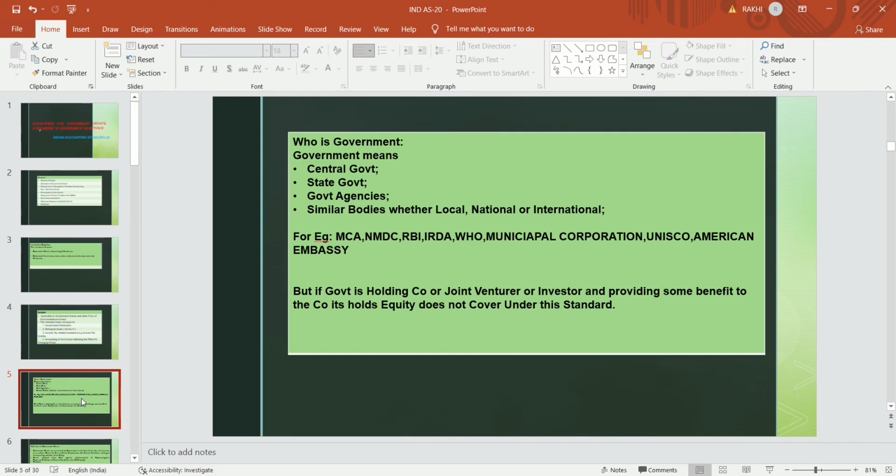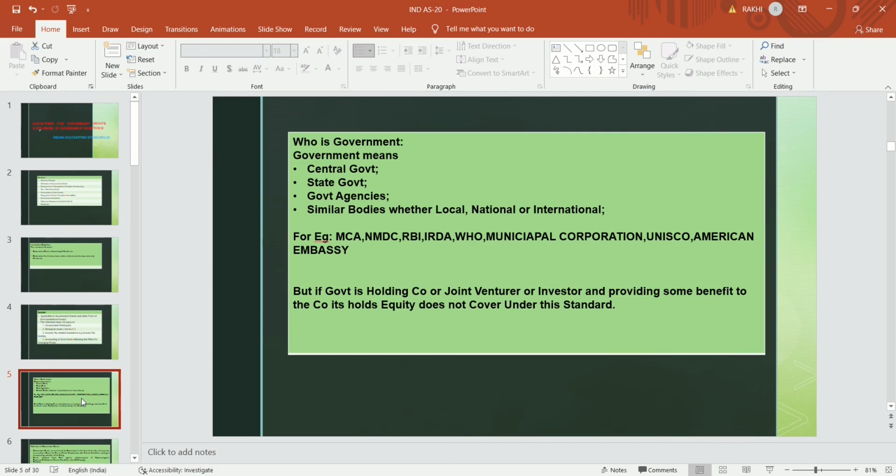So this includes government, meaning central government, state government, government agencies, similar bodies, whether local, national or international. The examples I have mentioned here. But if the government is a holding company or joint venture partner or investor and provides some benefit to the company, it holds equity, so it does not come under this standard.